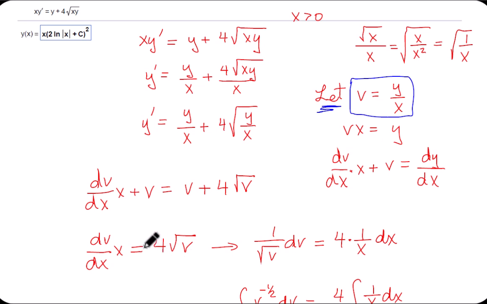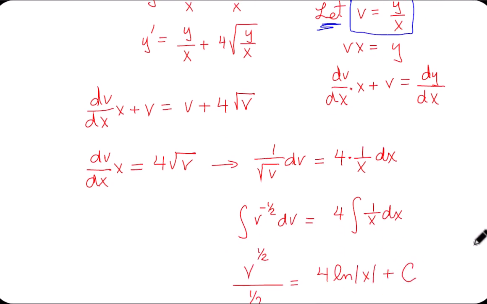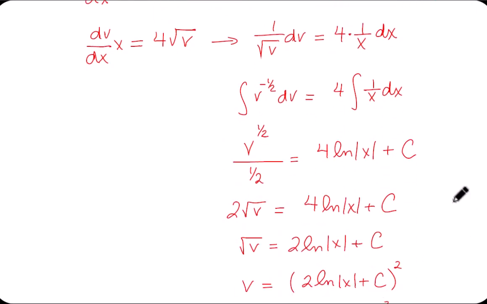But again, this stuff only has v's in it, so I can separate. So I'm going to divide by the square root of v. I'm going to bring the x to the right, so 1 over x, and then integrate both sides. On the right is easy, ln absolute value of x plus c.